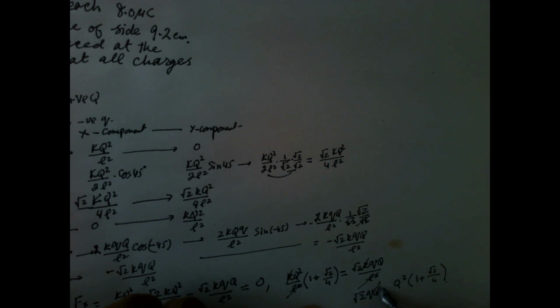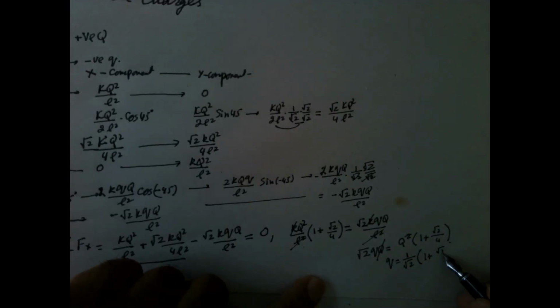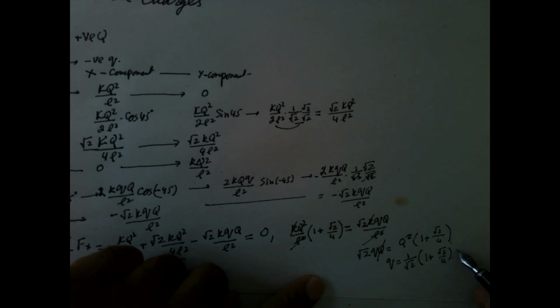One Q cancels. So q is equal to Q divided by square root 2, times (1 plus square root 2 by 4), which is (1 over square root 2 plus 1 by 4) times Q.